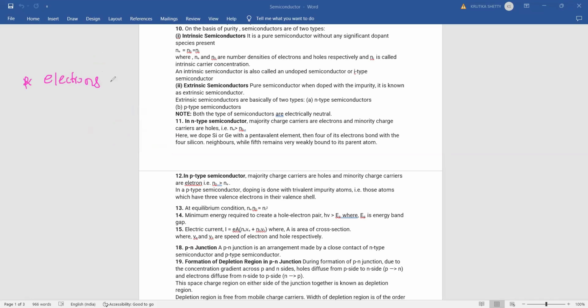In the extrinsic semiconductors, we have majority charge carriers and minority charge carriers. In this N-type, the majority charge carriers are electrons, and the minority charge carriers are holes.